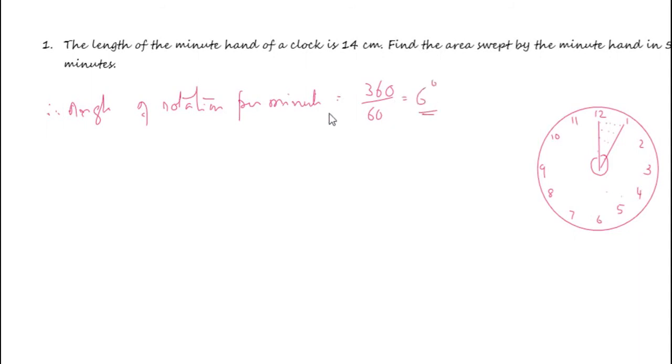So per minute the minute hand moves 6 degrees. Therefore, angle of rotation for 5 minutes is 6 into 5 equal to 30 degree. So this is 30 degree.